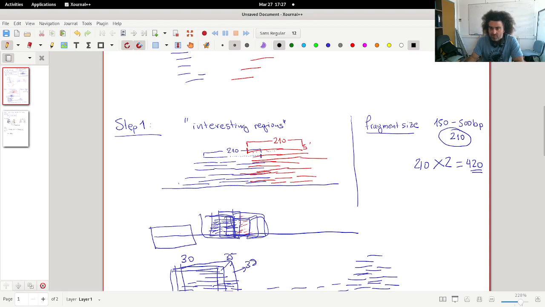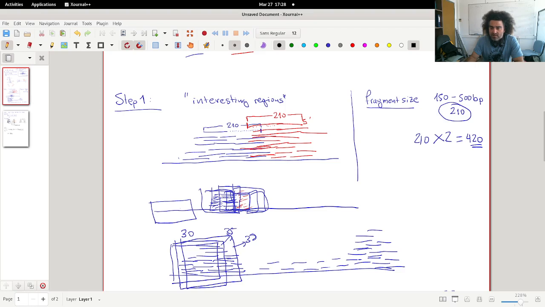So we extended the read computationally. We extended the read from the negative strand, again computationally, and then we use a window size of 420 base pairs, so 2 times the size. It's not very nice that we use the term fragment size here. Let's use the term shearing size.